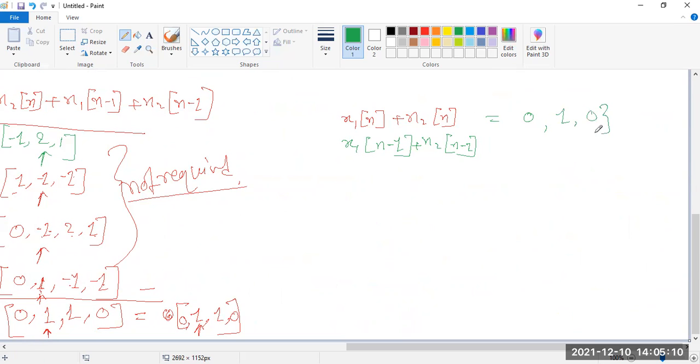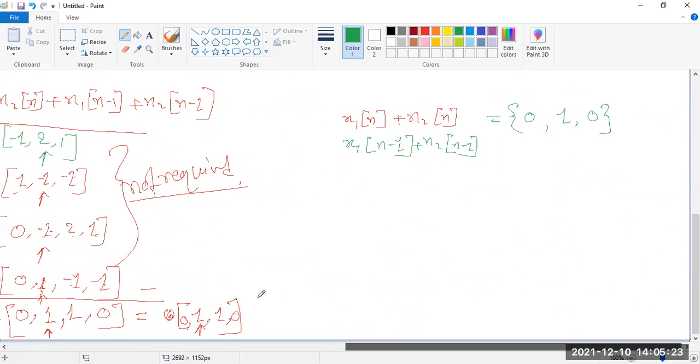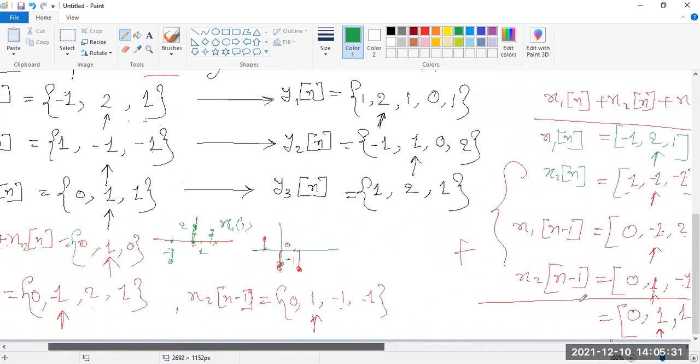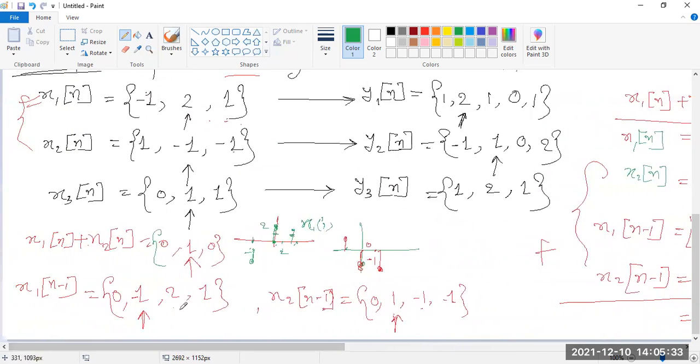And if you add these things, here origin is here, these two terms, you can find -1 plus 1, that is 0, -1 plus 2, that is 1, and that is only 0.